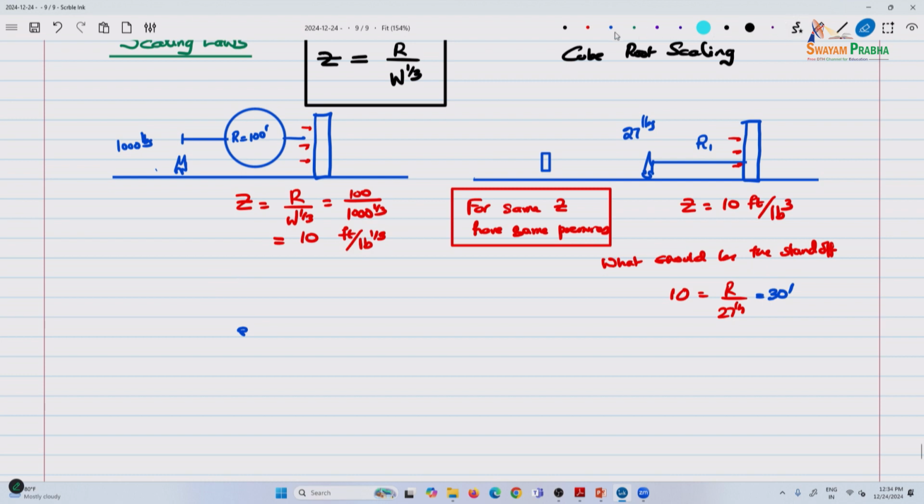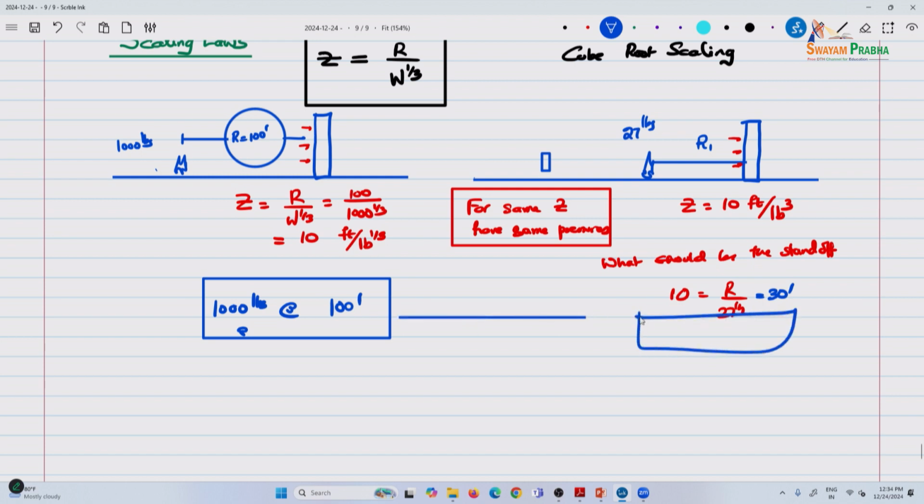Basically what this cube root scaling tells us is 1000 pounds at 100 feet is the same as just a hand bomb, 27 pounds at 30 feet. So it helps us in designing your surroundings, how far to keep people away. That is why you see all those protections. It is a very quick way to determine some simple parameters in the overall scheme.